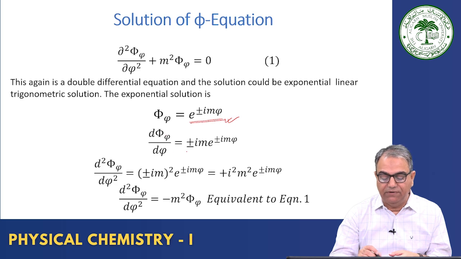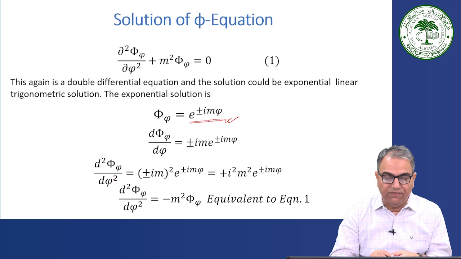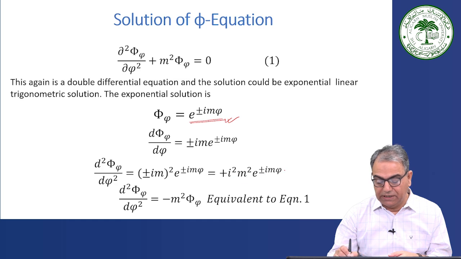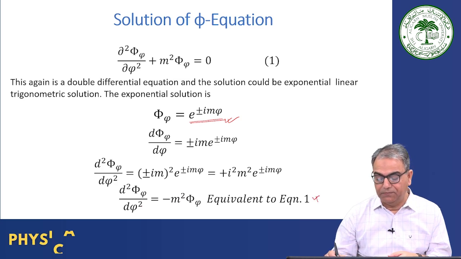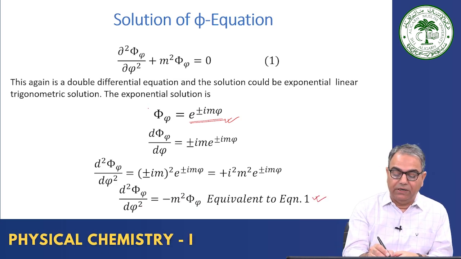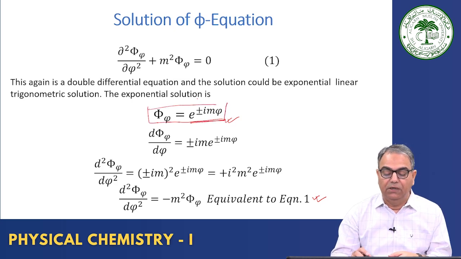So the first differential will give you plus minus i m exponential plus minus i m phi, and if you do the second differential, it will be plus i square m square exponential plus minus i m phi, and this you can write as minus m square phi, and minus m square phi means again equivalent to equation number 1. So, certainly one of the solutions of this phi equation is phi is equal to exponential plus minus i m phi.